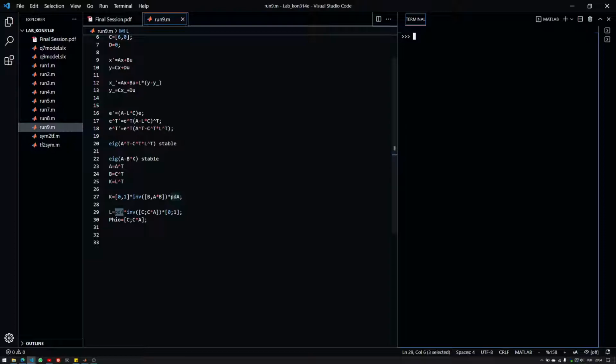So if the settling time of the control loop is, for example, 1 second, we should choose the observer so that it uses 0.1 seconds, so it's 10 times faster or 5 times faster, depending on your setup.